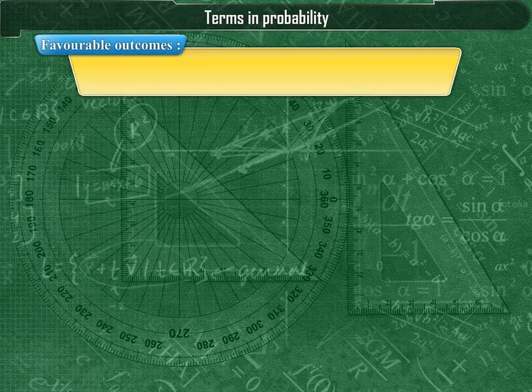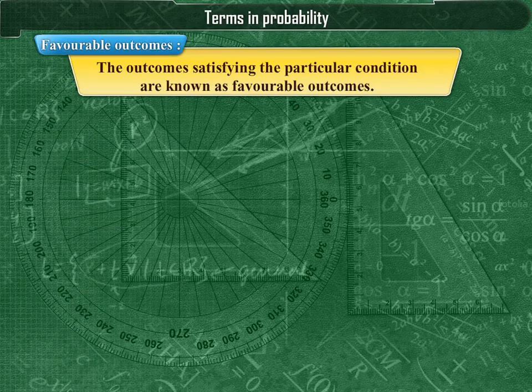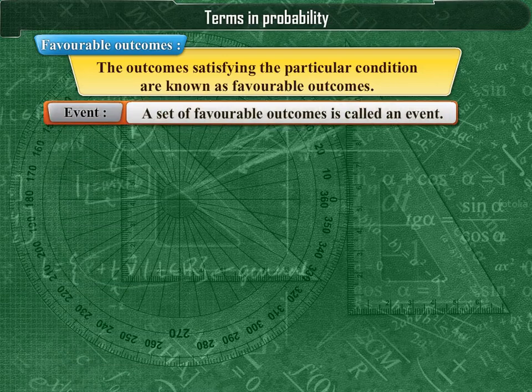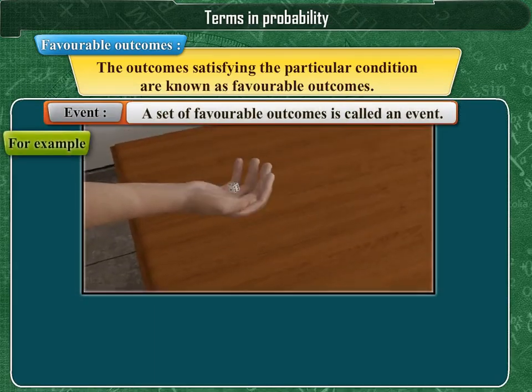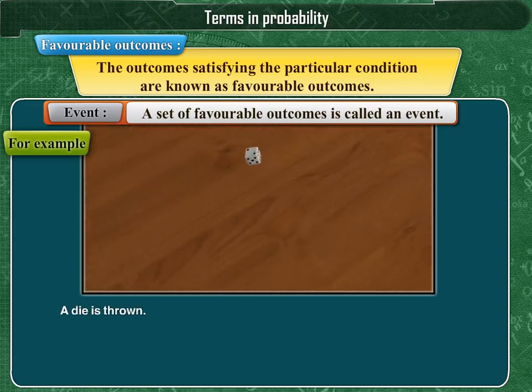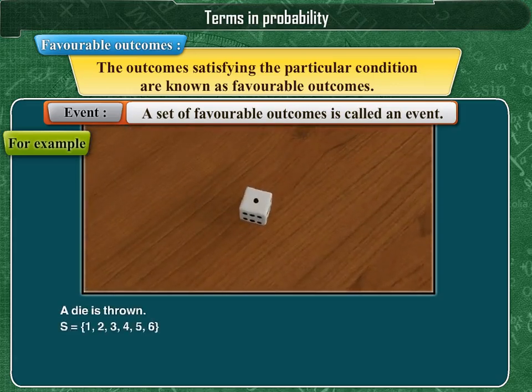Favorable outcomes. The outcomes satisfying the particular condition are known as favorable outcomes, and a set of favorable outcomes is called an event. Consider the example of a die being thrown. We know the sample space is the set of sample points 1, 2, 3, 4, 5 and 6.